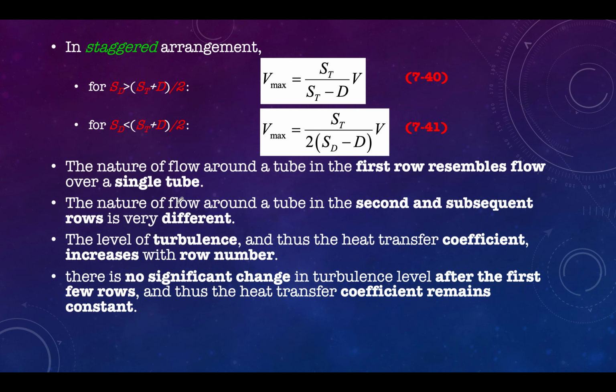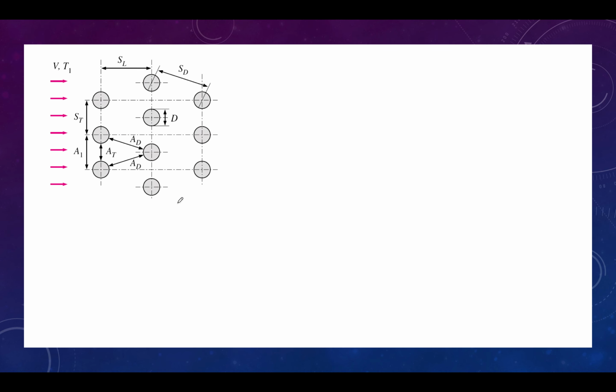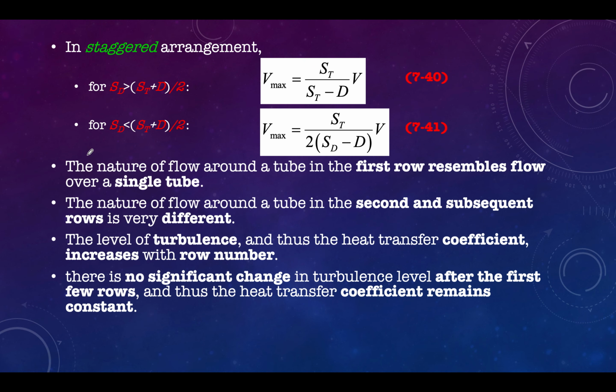We know that there are two arrangements: one is inline, the second is staggered. For the staggered arrangement, we have two different equations, and these two equations depend on the areas of the diagonal and AT. Let's take a look at the first equation, where SD is greater than ST plus D divided by 2.